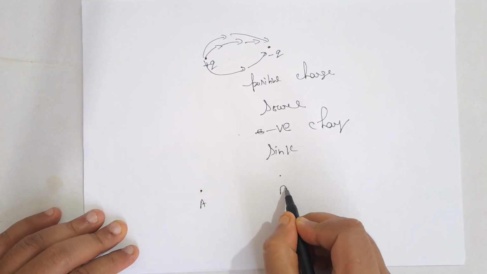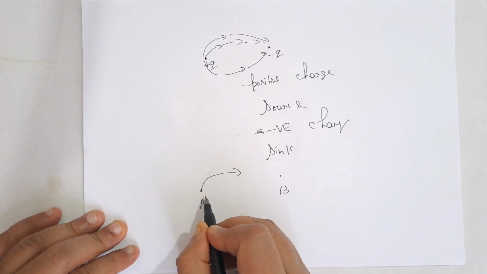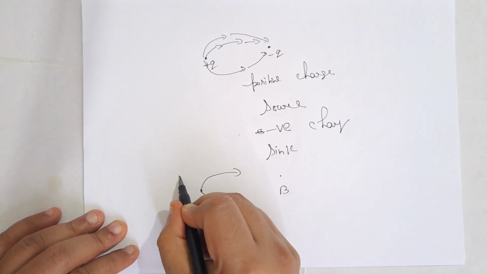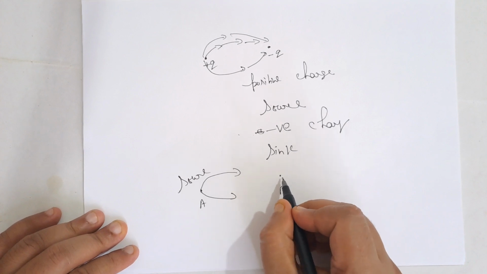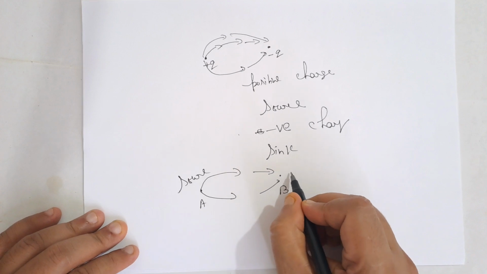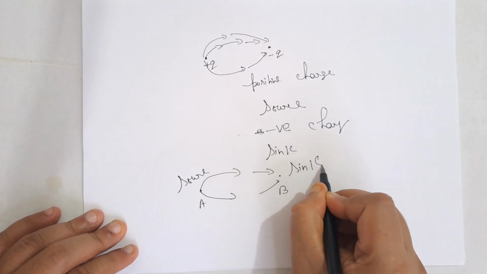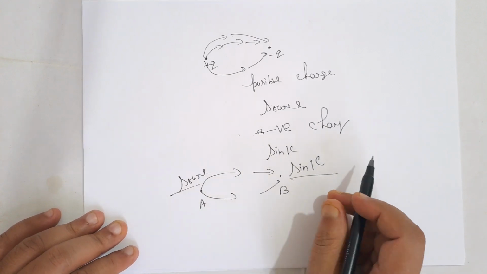A field which originates from a certain point is a source, and a point where the vector field ends is called a sink. So source and sink of the vector field.